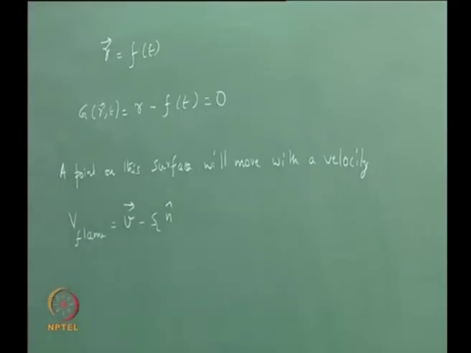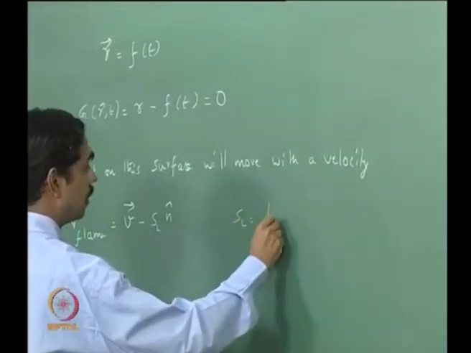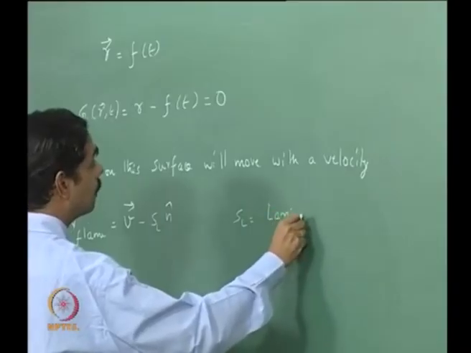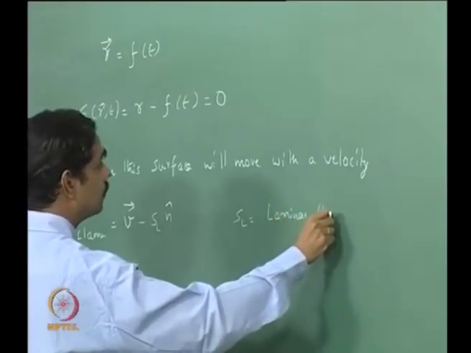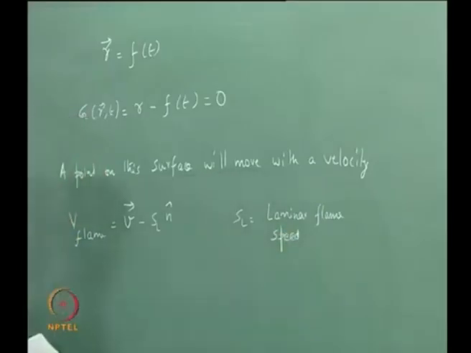so you have a gas velocity, and we also have SL, which is the flame speed. So let me write this, SL equal to, we are looking at laminar flame, and SL is the laminar flame speed.